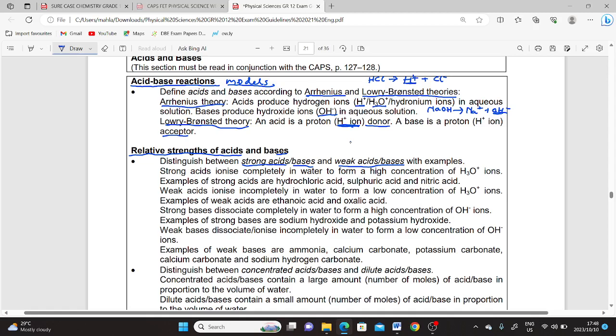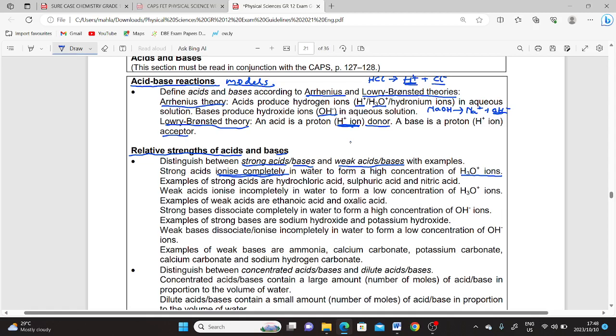If they ask you to explain what a strong acid is, a strong acid ionizes completely in water to form a high concentration of hydronium ions. So it ionizes completely, meaning they are separated completely, like HCl, which separated into H plus and Cl minus. Then it means it's a strong acid.